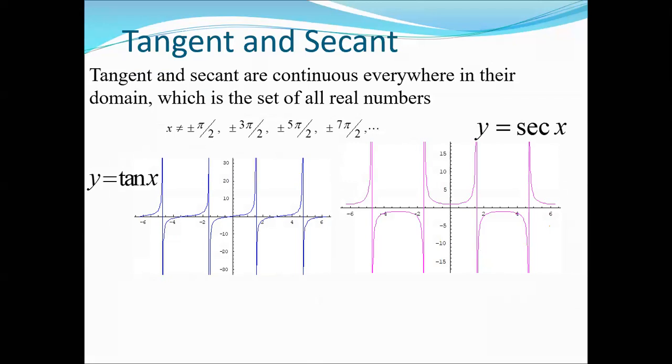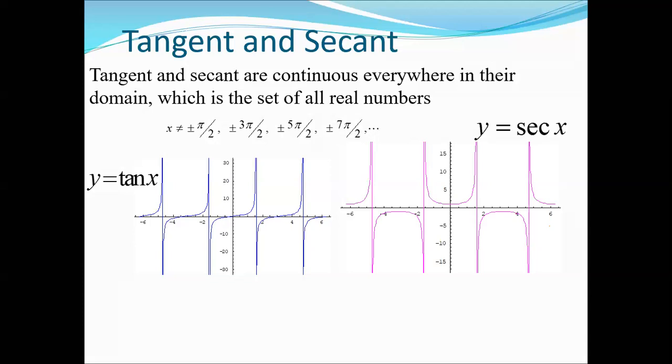Tan, that is from the one sided limit, from the left hand side of pi by 2, the value of tan is infinity, and from the right side of pi by 2, its value is minus infinity. So tan x is discontinuous at pi by 2, minus pi by 2, 3 pi by 2, minus 3 pi by 2, and so on.